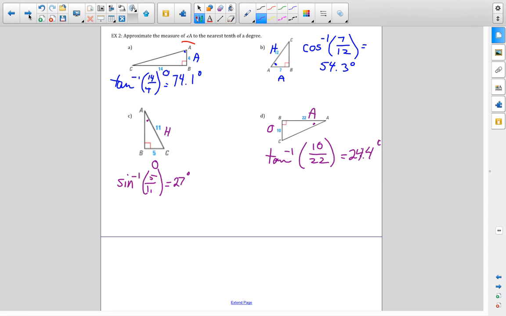Okay, now that we know sine, cosine, and tangent so well, it's easy to switch over and use the inverse functions to find angles.